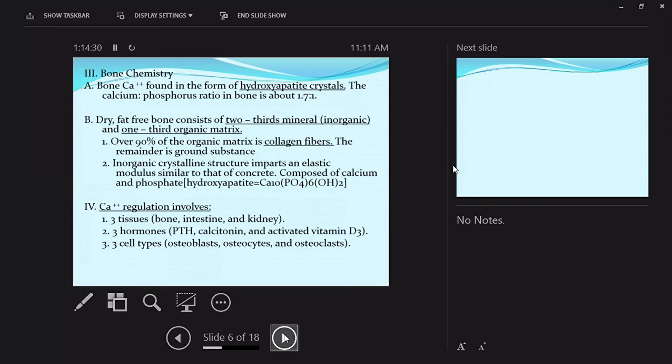Now, the formation of your hydroxyapatite crystals is being controlled by your pyrophosphate. This inhibits hydroxyapatite crystallization and calcification of bone. So if you have plenty of pyrophosphate in your body, your bones are soft. Okay?